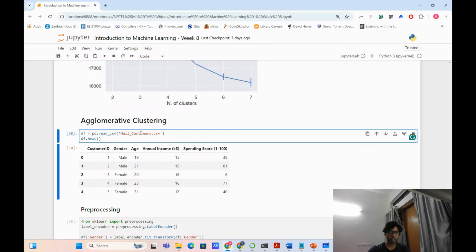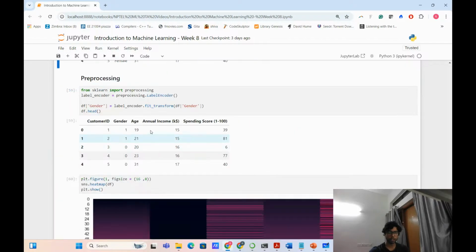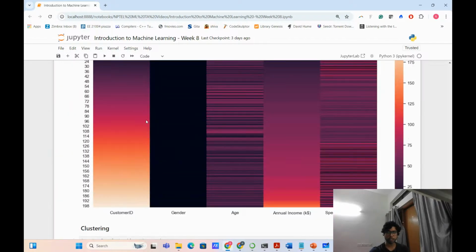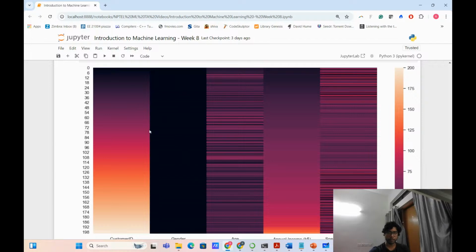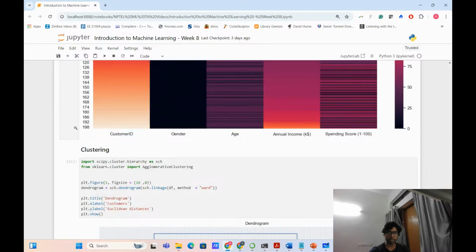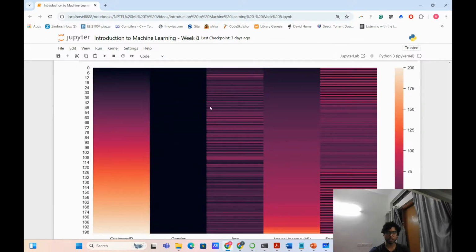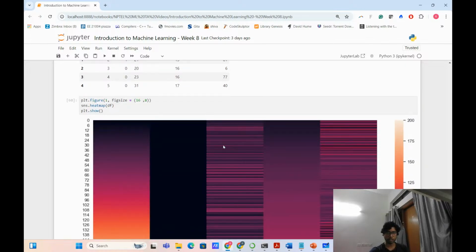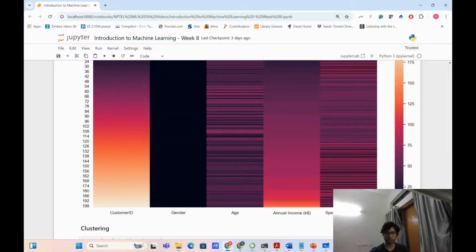Okay, so again, this is just the first example that we are seeing with K-means clustering. You have different customers with gender, age, annual income, spending score, and this is just a heat map, right? So basically, the heat map just shows, for example, if you see here, these black lines mean that they have lower values, so lower value of age.